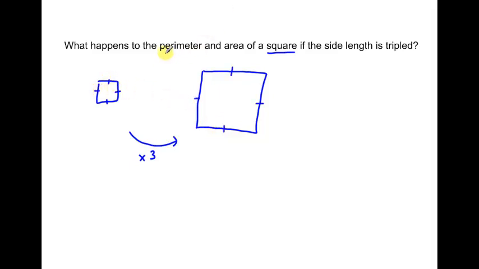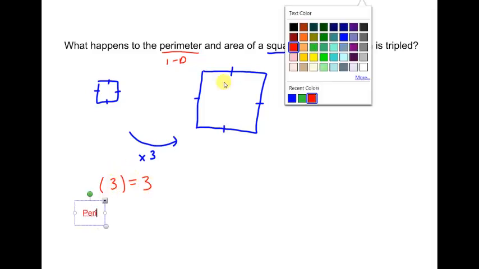So if we follow our little shortcut, starting with perimeter, perimeter is a one-dimensional measurement, and therefore the perimeter would just be one scale factor bigger. So 3, of course, is 3. I'm going to use it once, and therefore the perimeter is 3 times bigger.